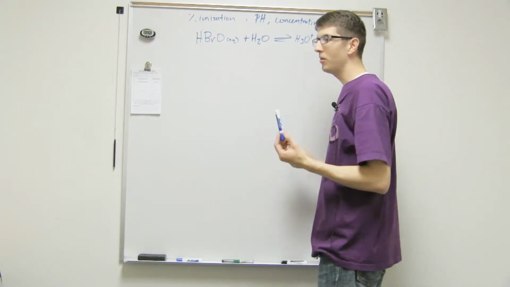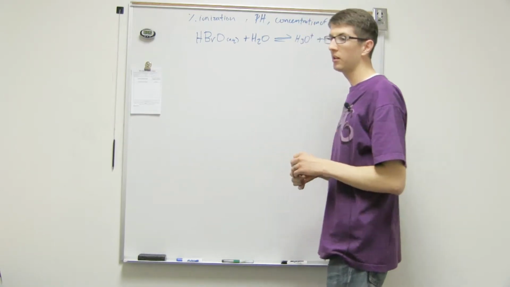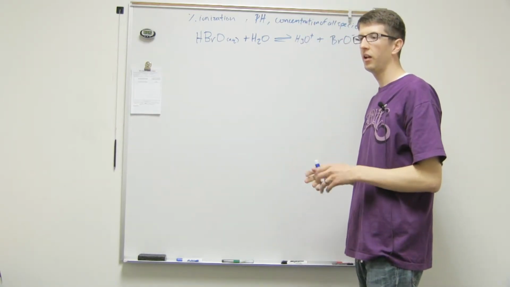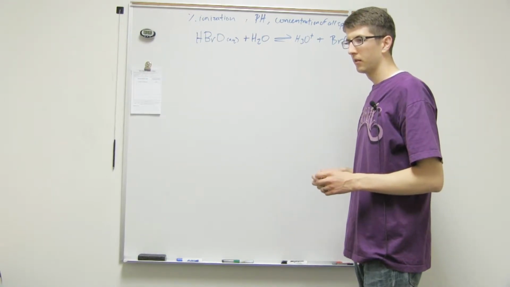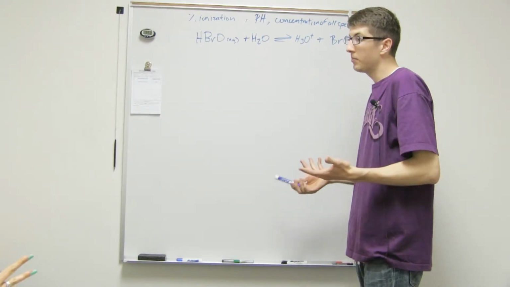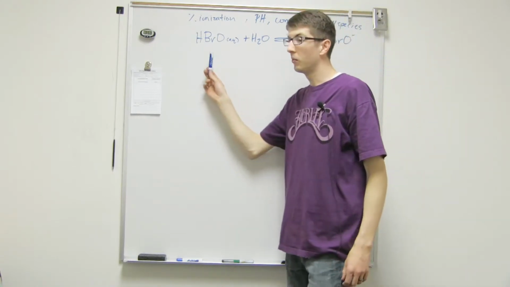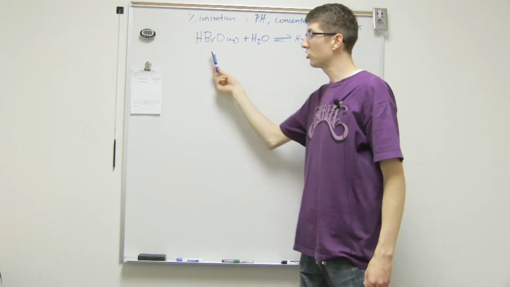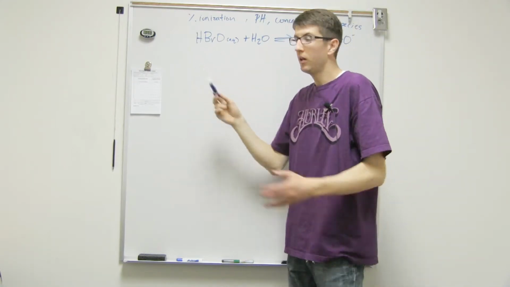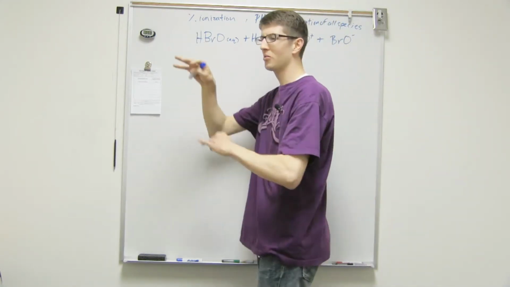Now, when it comes to weaks, one thing you have to keep in mind is it's uncertain unless we have their K values. Perhaps this could be a really, really weak base or weak acid, or this could be a stronger acid. We don't know. When it comes to weaks, it's really hazy.